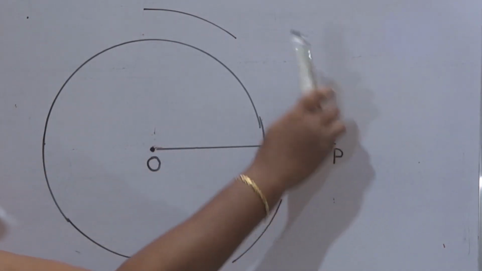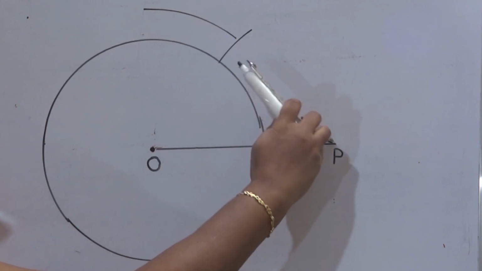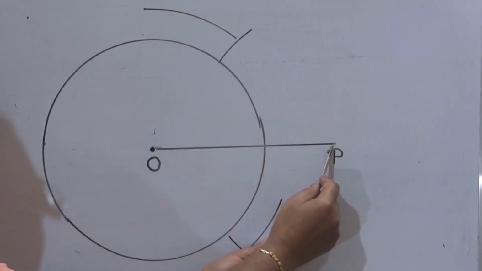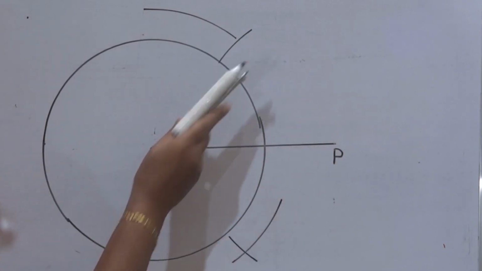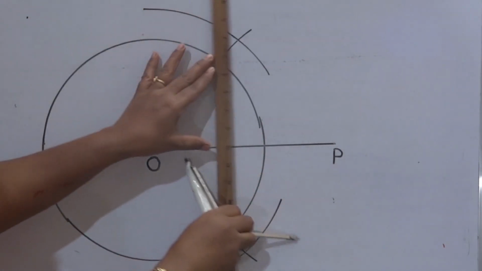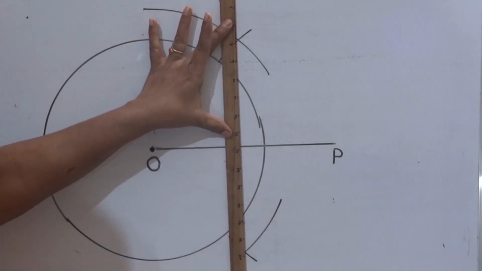Similarly, do the same procedure from point P also. Now, you can join the 2 points of intersection of these arcs. We'll get the midpoint of the line segment.